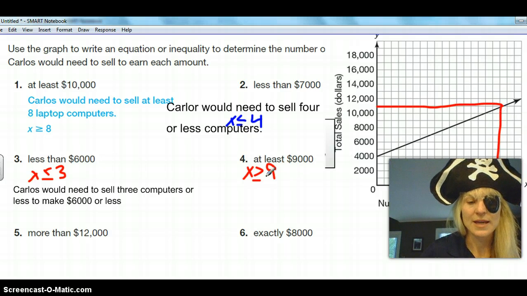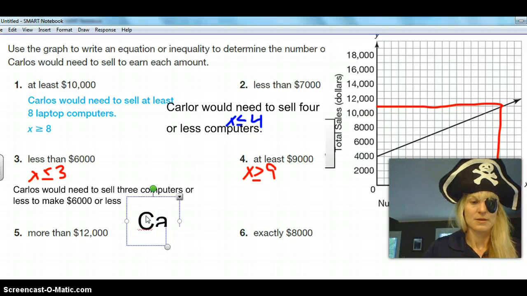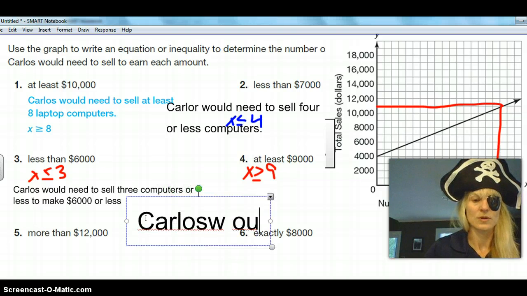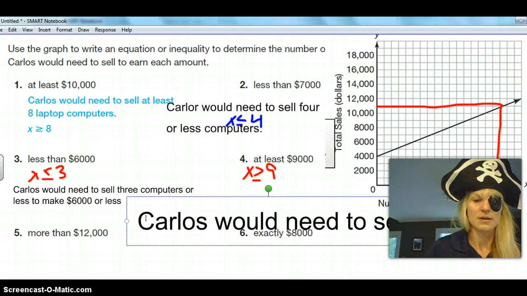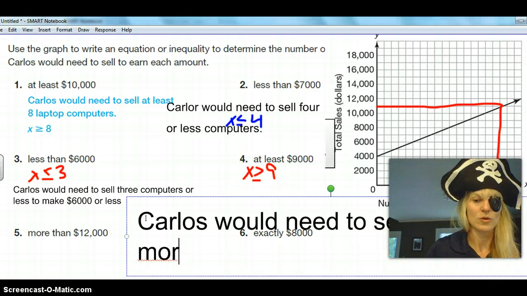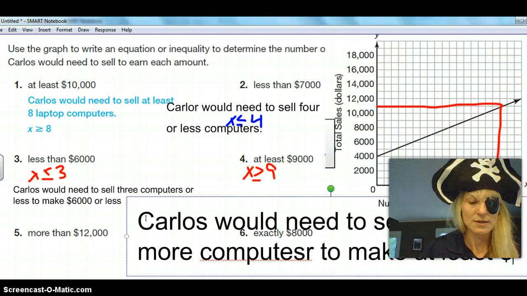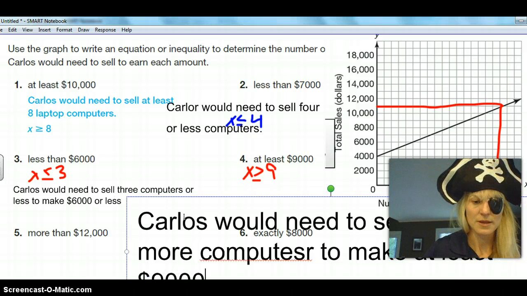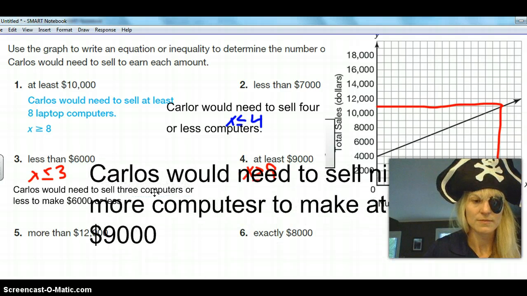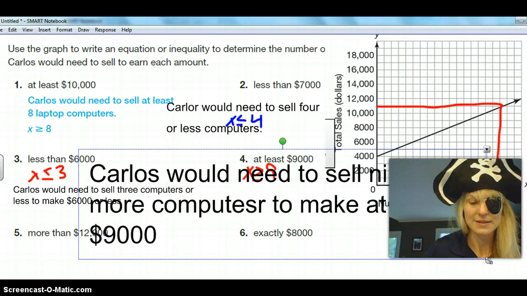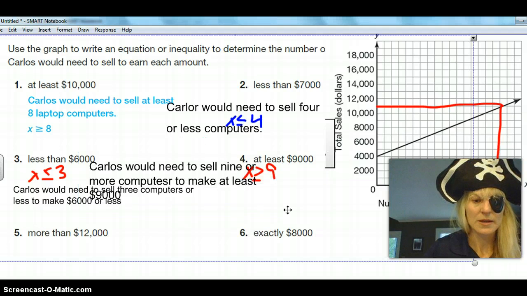So again, I would say that many, and then I'm going to go ahead and type out Carlos would need to sell 9 or more computers to make at least $9,000. Okay, so again, I hope my head's not in the way of that graph. Can't tell. All right, so that would be my answer here.